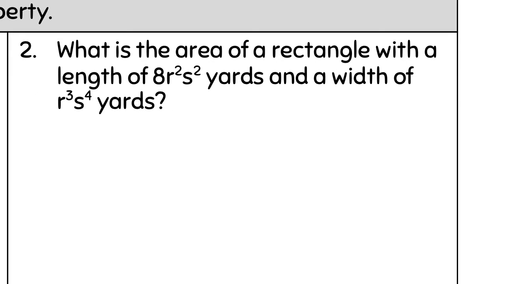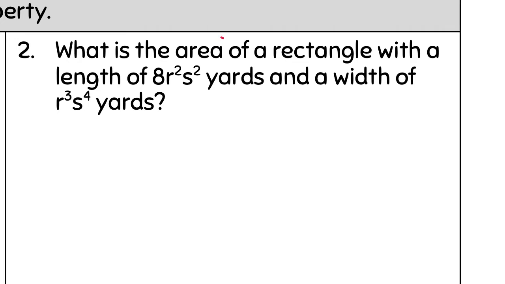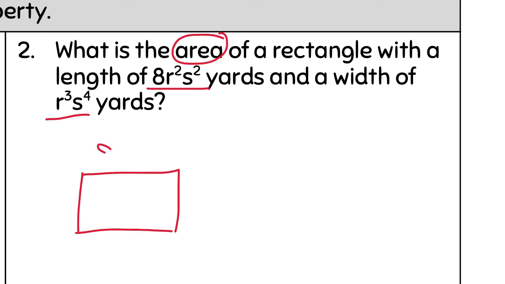Okay, this one says, what is the area of a rectangle that has a length of 8r squared s squared yards and a width of r to the third s to the fourth yards? So again, think of your rectangle, and they're telling us that the length is 8r to the second power s to the second power, and that the width is r to the third s to the fourth.